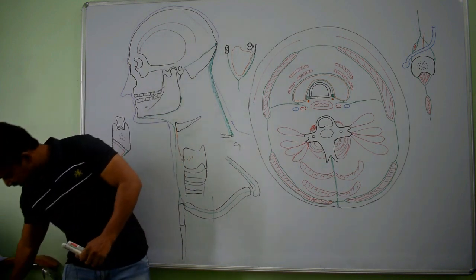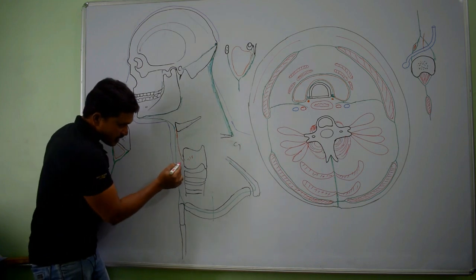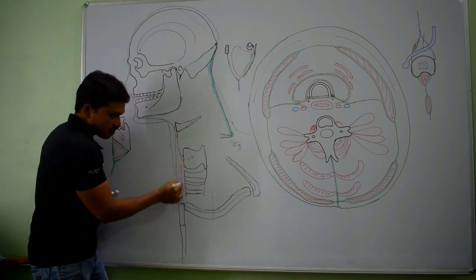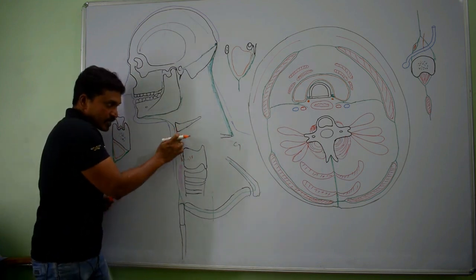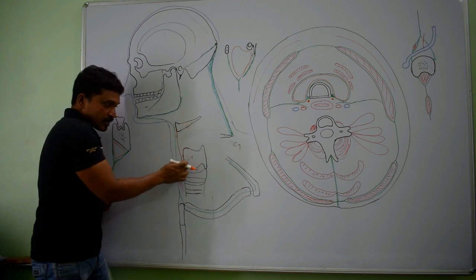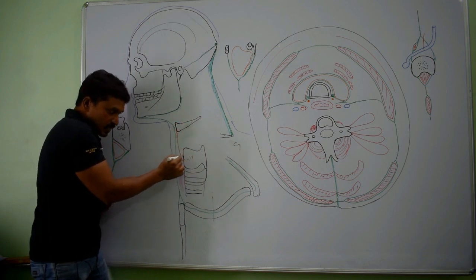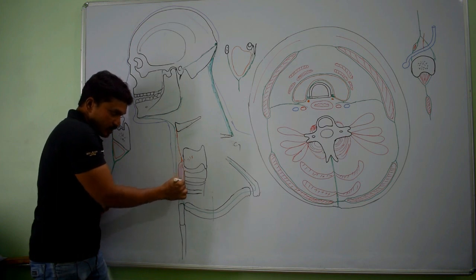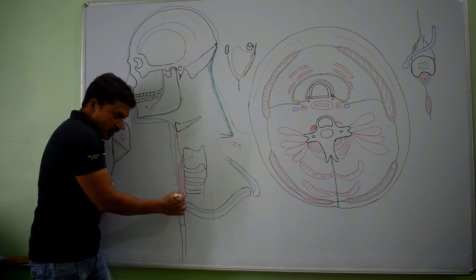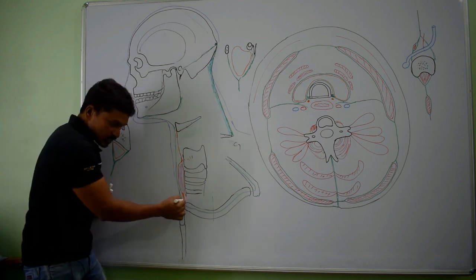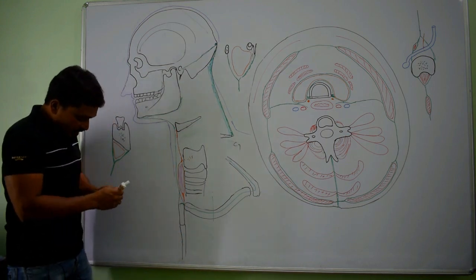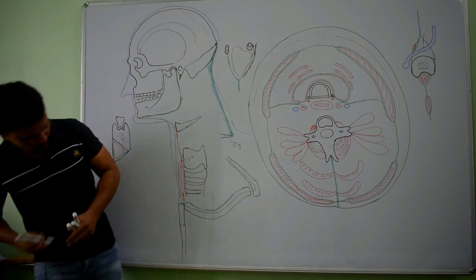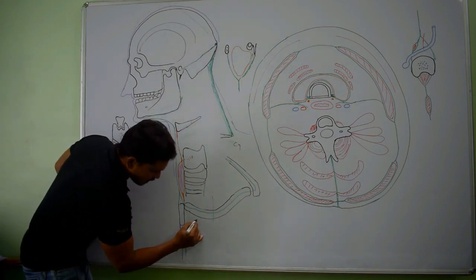So here, imagine this is the thyroid gland. This layer, after attaching to the hyoid bone, thyroid cartilage and also cricoid cartilage, encloses the thyroid gland. After enclosing the thyroid gland, it descends down into the thoracic cage. So it extends down into the thoracic cage, and within the thoracic cage, the pericardium is present, right?